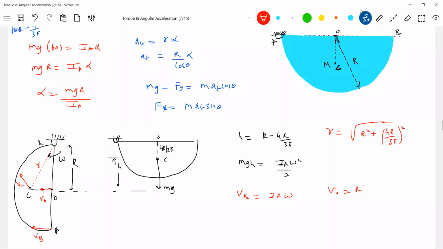What is VO? R omega. What is VC? R omega. All points on the semicircular plate will not have the same linear velocity, and the direction will not be the same. Different points will be there. How to calculate? Linear velocity should be perpendicular to the radius vector. With that, I'm making a guess here. Okay, I'll scroll down.